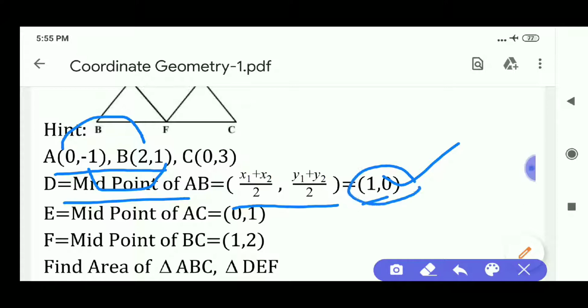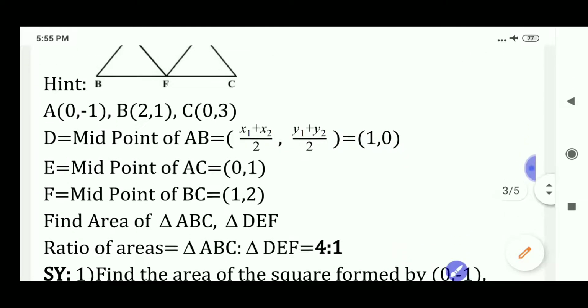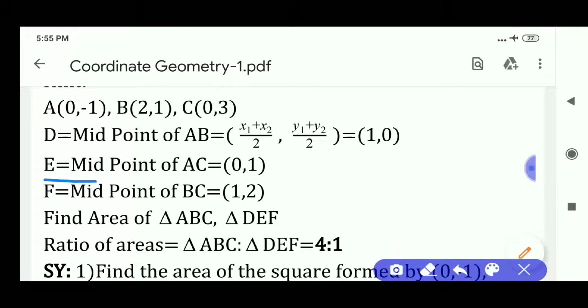So the midpoint is 1 comma 0. By applying this formula, we can find E, the midpoint of AC. Similarly, F is the midpoint of BC.